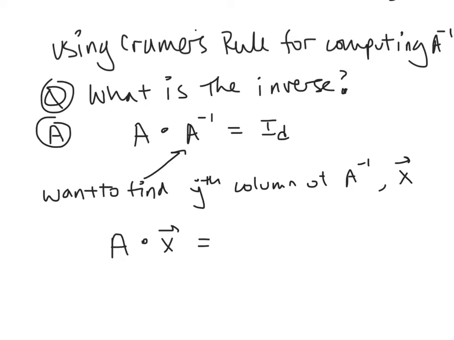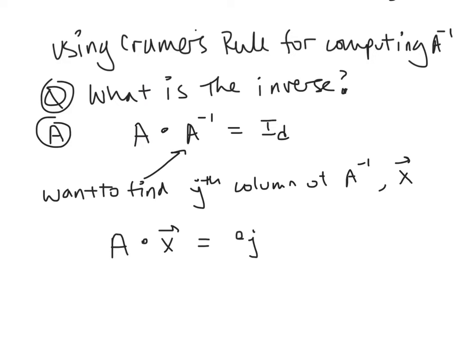Well, if you think about it, you take the row of A and you dot it with the column of A inverse, you should get one of the vectors ej. This is the vector of all zeros with a 1 in the jth row.